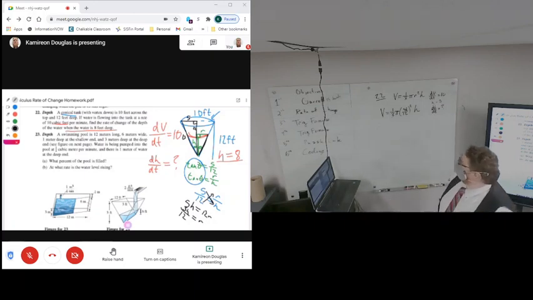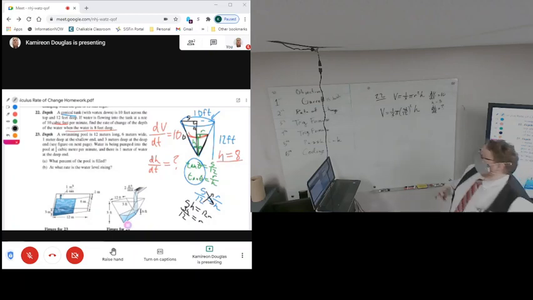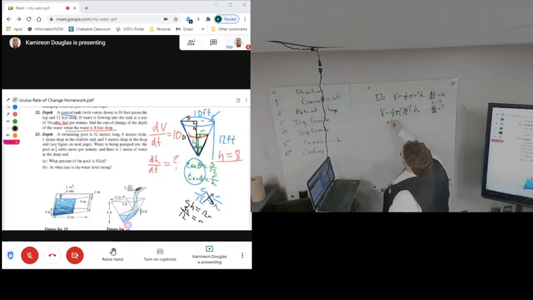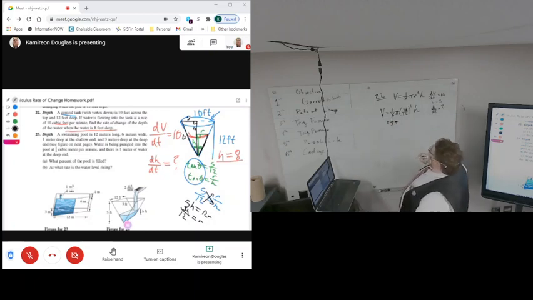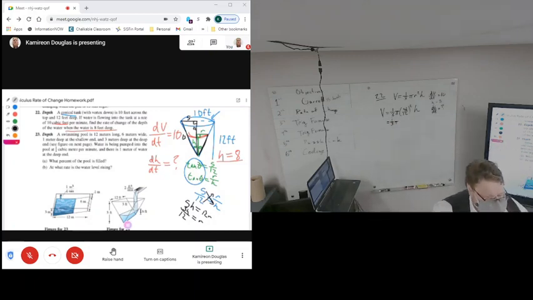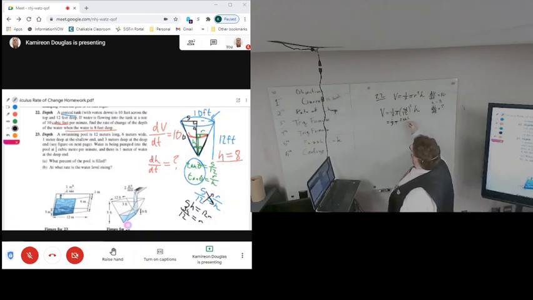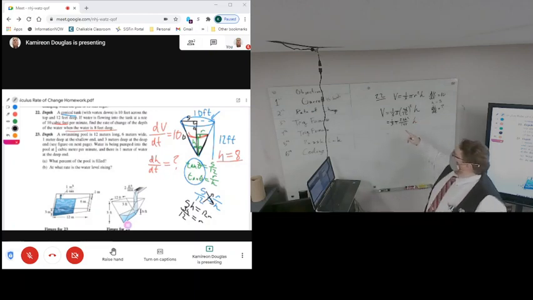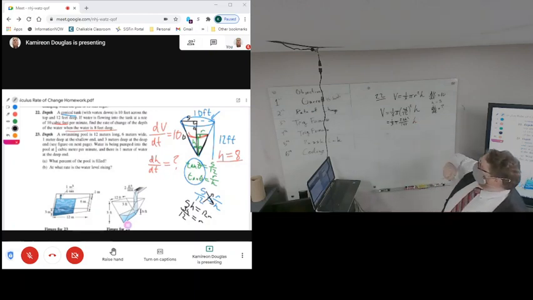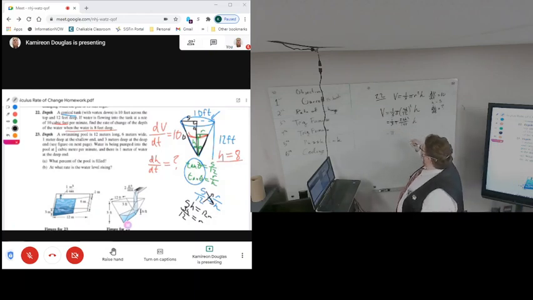Now that we're here, let's simplify this. 5H over 12 squared. How do I write that? Come on, I know it's been a tough one. 25H squared over 144 times H. Simplify again. 1/3 times 25H squared over 144, so the pi is going to stay a pi.